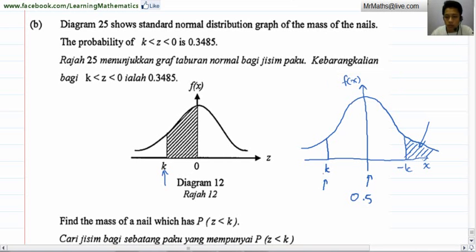And if I want to find that side, I need to do 0.5 minus 0.3485. Okay, let's do that.